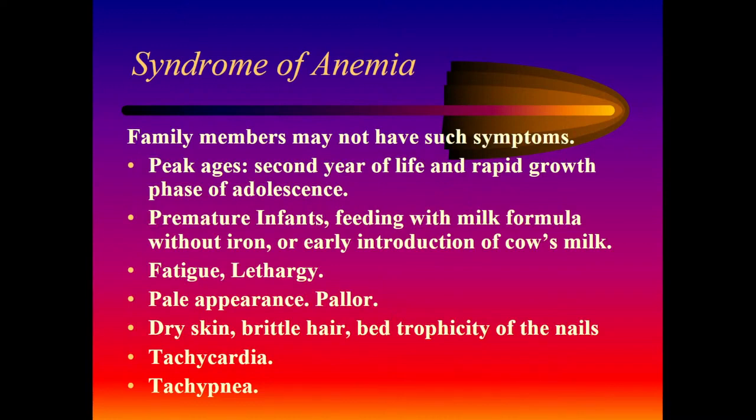Syndrome of anemia: family members may not have such a syndrome, peak age is the second year of life and the repeat growth phase of adolescence, premature infants fed with milk formula without iron, or early introduction of cow milk. It may be a risk group of syndrome of anemia.